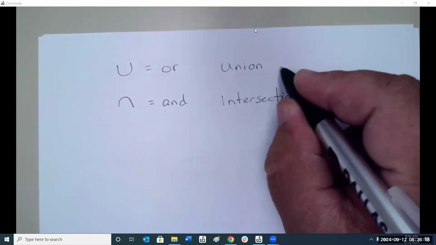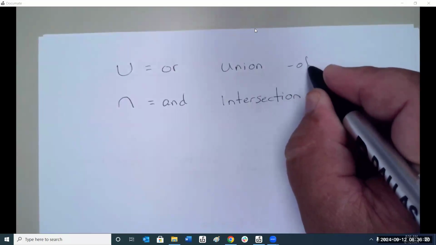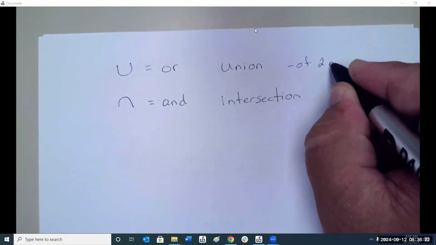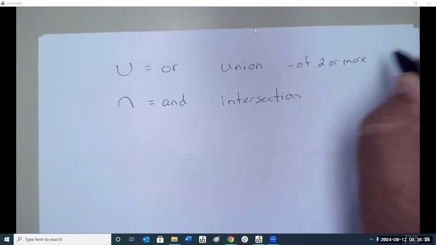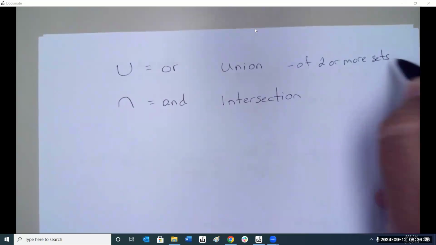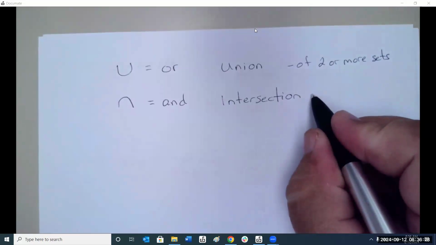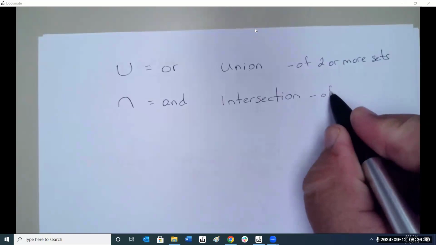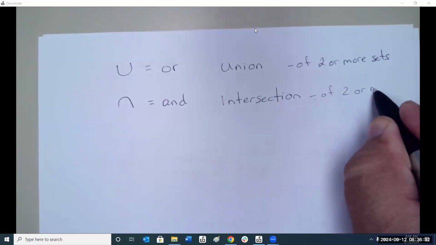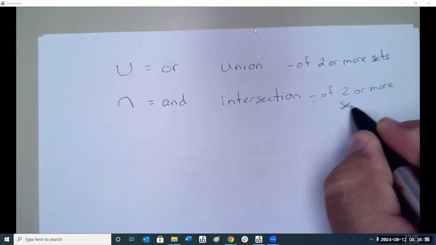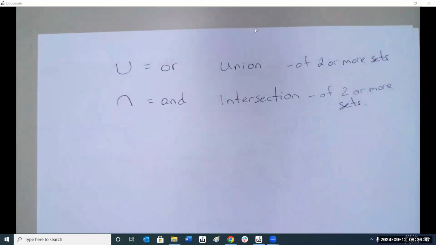So this is a union of two or more sets. This is the intersection of two or more sets. In other words, the and symbol is only what they have in common.